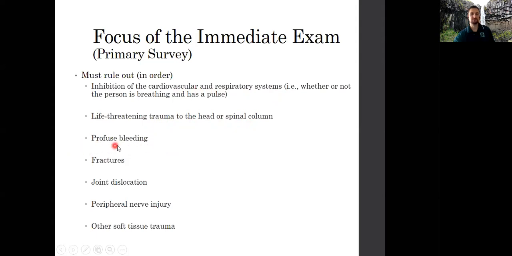So this is where we create a cutoff point of these things, you've got 10, 15, 20 minutes, depending on the severity, before there's irreversible damage. And then fractures, dislocations, and other types of trauma, very serious, but not always life-threatening.